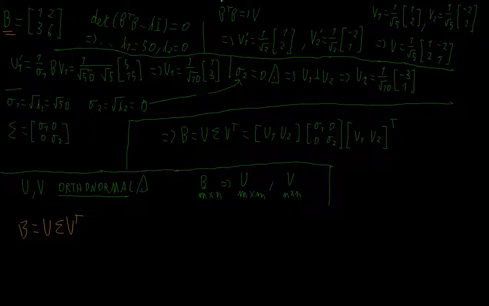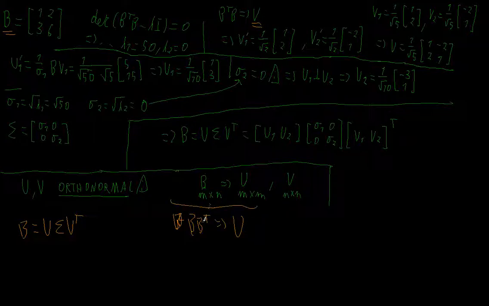So let's take B transpose B. Then we will find our matrix V. Remember, if we take B transpose B, we can find our matrix V, and if you take B B transpose, you would then find our matrix U.